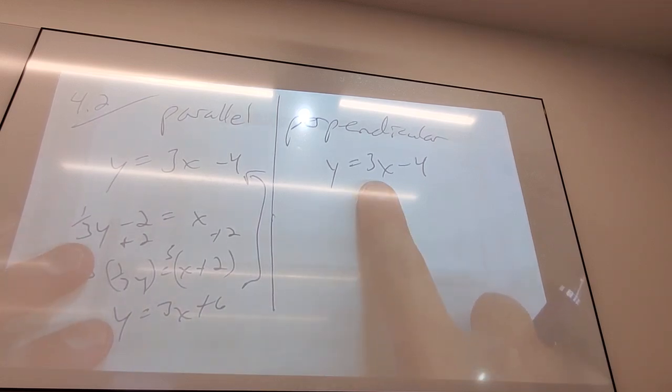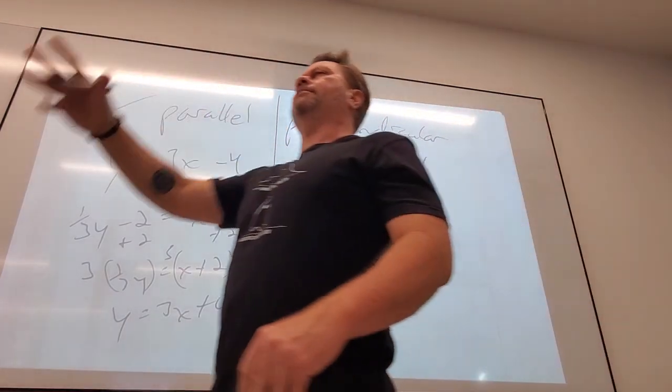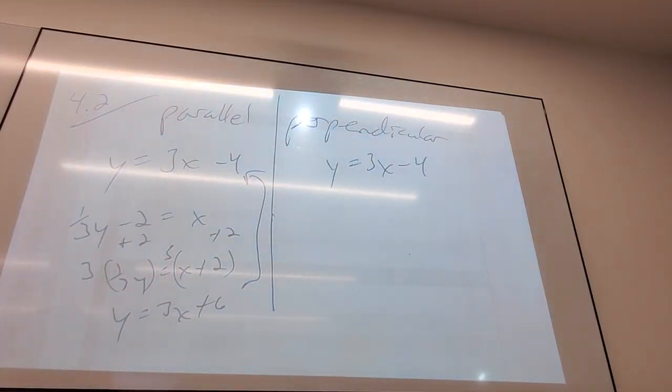So what is the opposite of 3? There are two opposites. What is one way to get the opposite of 3? -3. What's the other way? 1/3. So I do both of them. Parallel is exactly the same. Perpendicular is totally opposite. Let me see if I can get you a little convinced about this.